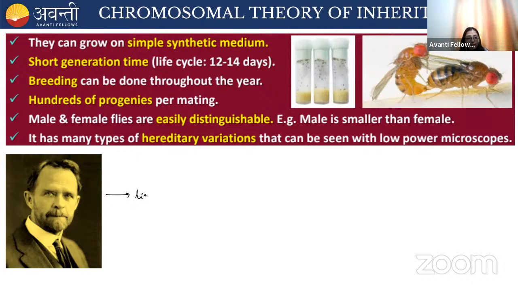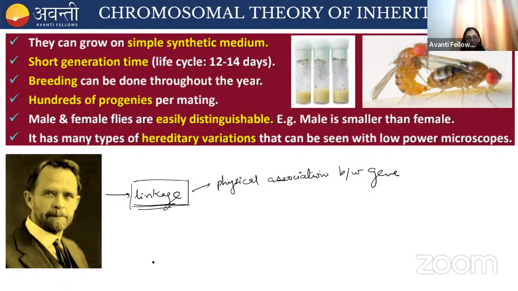T.H. Morgan also worked on linkage. Sorry, T.H. Morgan proposed a term, that is linkage. Linkage shows that there's a physical association between the genes. And linkage is of two types: complete linkage or incomplete linkage.